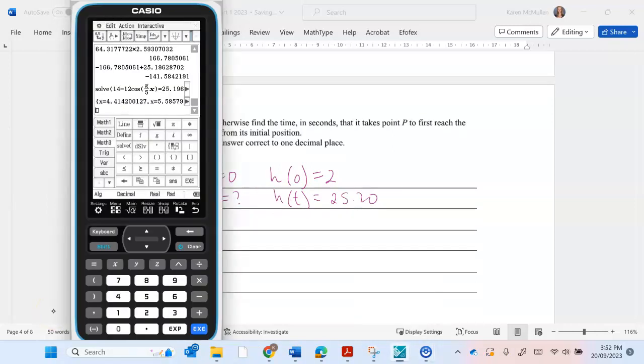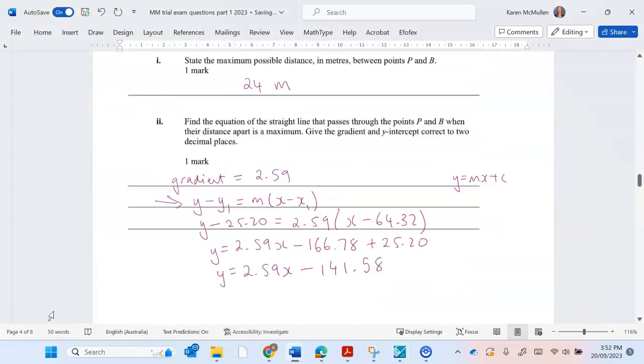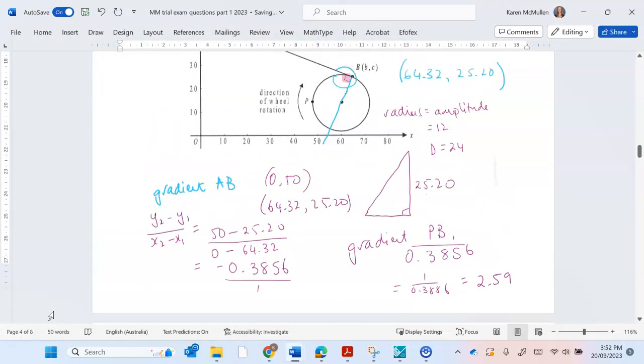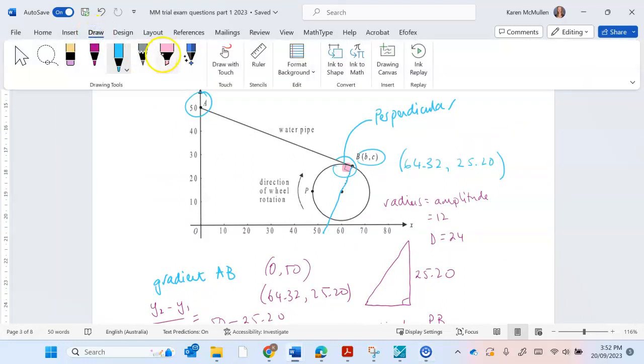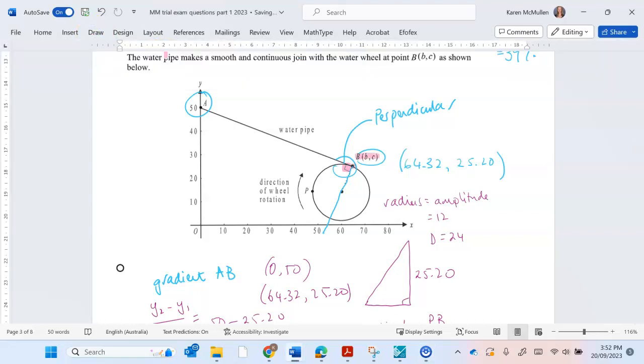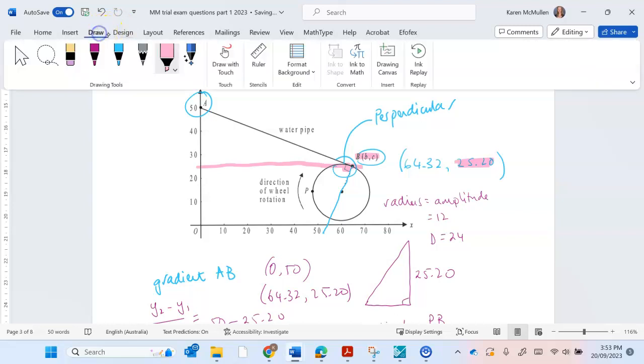I just had to press pause to think about the two solutions. If we go back up to our diagram, which is going to help us immensely, and maybe we'll draw it a different colour. Use my highlighter. So we've got this point at B, but we basically want to know when it's this height. So 25.20 actually hits it twice. It's hitting it here.